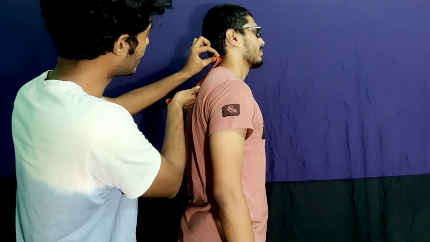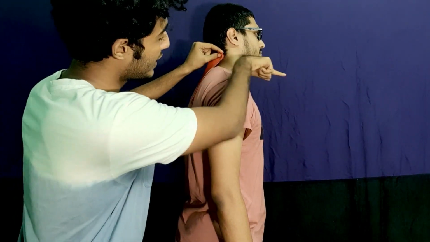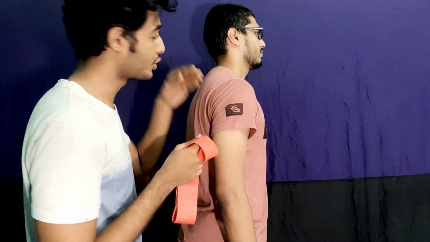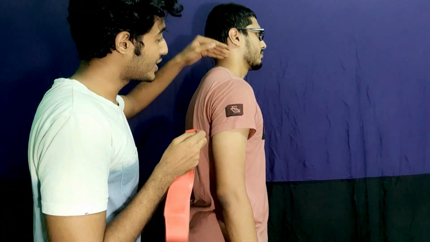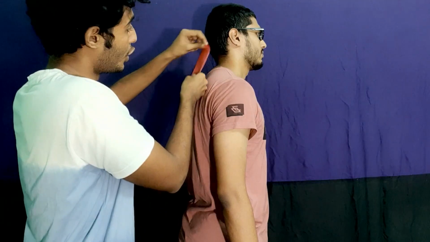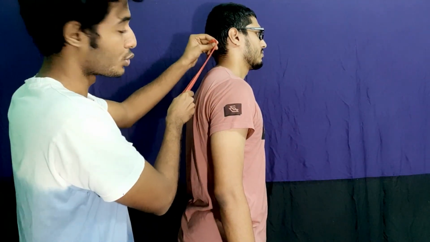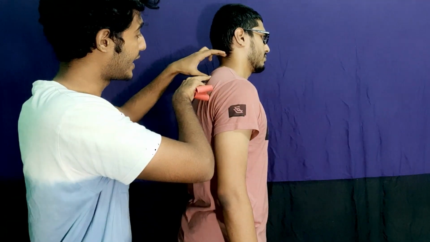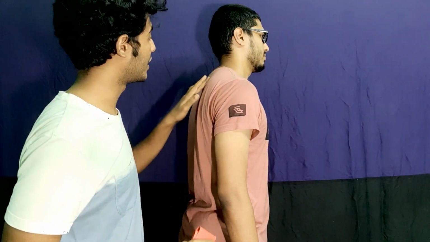This posterior shear force counteracts the excessive anterior shear force that is present in your forward head posture. Now, because of this excessive anterior shear force, your levator scapulae will have to work much harder to create that posterior shear force. This will lead to overactivity of your levator scapulae, and this can lead to painful tenderness in the levator scapulae region.